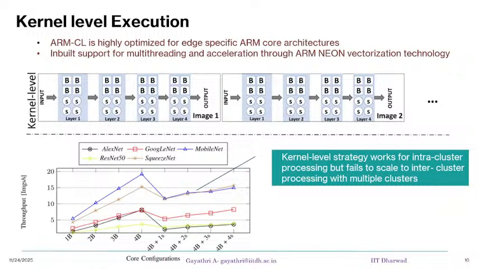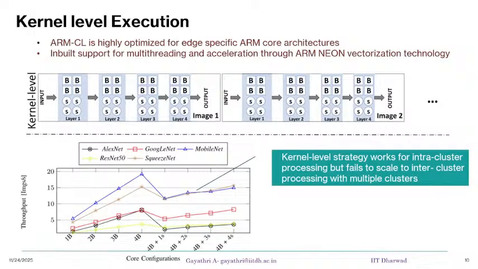So if you see here, in our case we had 8 cores, 4 big and 4 small cores, right? Whenever an input image is coming and you have a CNN implemented as a graph using ARM-CL, layer 1 tries to execute. Layer 1 is nothing but some convolution layer, right?